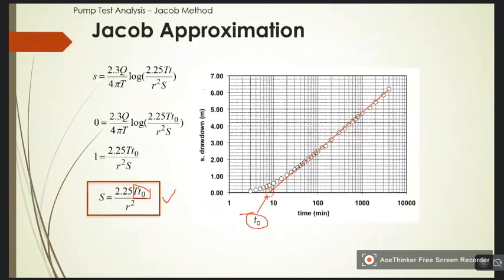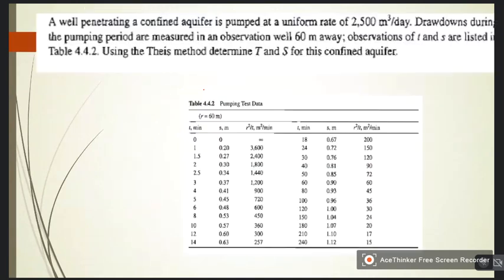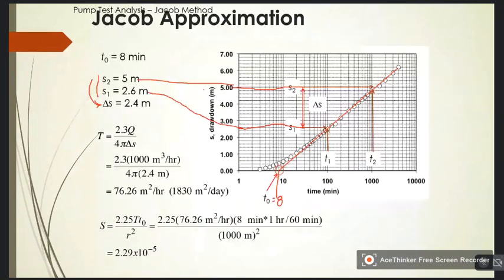Okay, I have forgotten to give that data. Anyhow, Q is 1000 meter cube per hour.